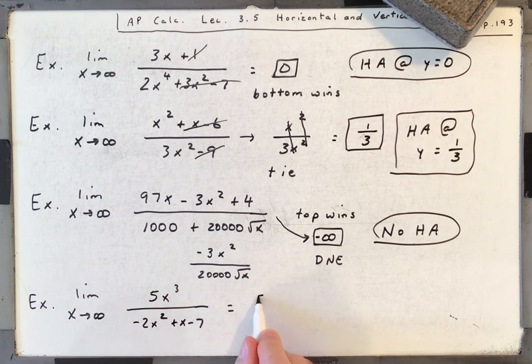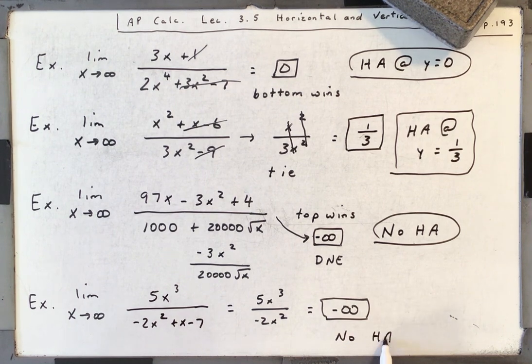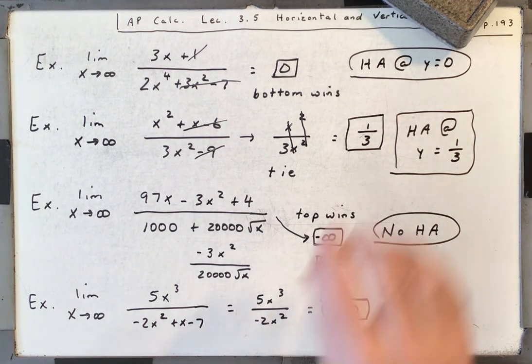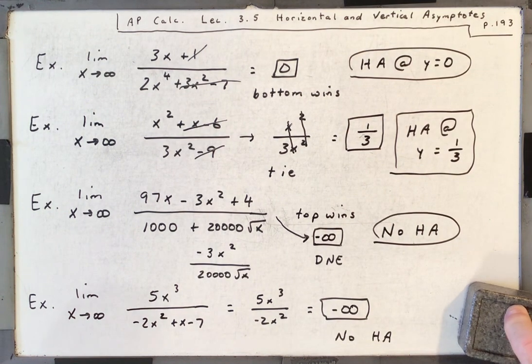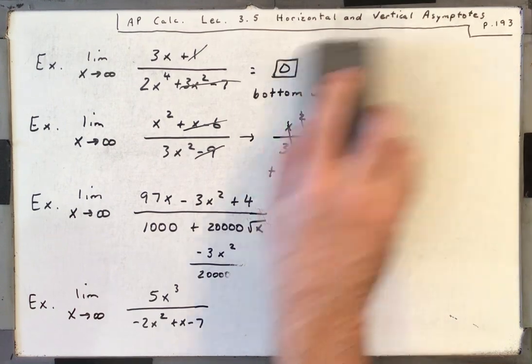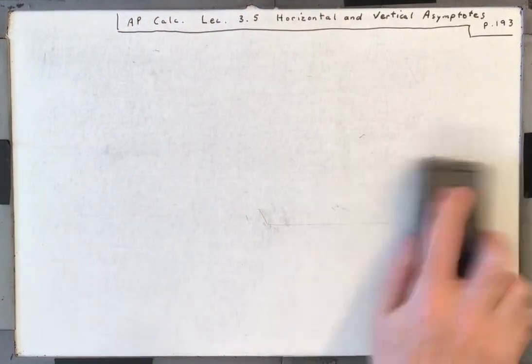But because it's 5x cubed over negative 2x squared, the limit does approach negative infinity. There's still no horizontal asymptote, but the answer in the back of the book, the official answer, is negative infinity for that one. So go ahead and correct it. I don't remember if I did that example or not. I'm much more worried about, do you know where the horizontal asymptotes go and the vertical asymptotes?